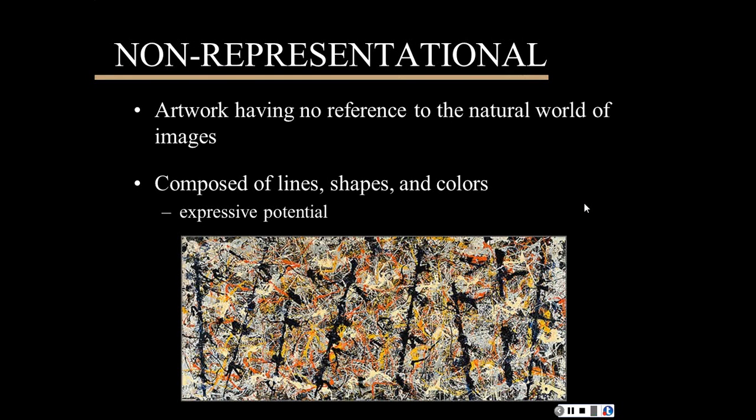Non-representational is artwork that has no reference at all to the natural world or the objects, the images, shapes, forms from that. So an artwork that's non-representational is basically about formal elements like line, shape, color. Jackson Pollock, his action painting that you're seeing here is a great example of that. He's not looking to nature and trying to depict what he sees.